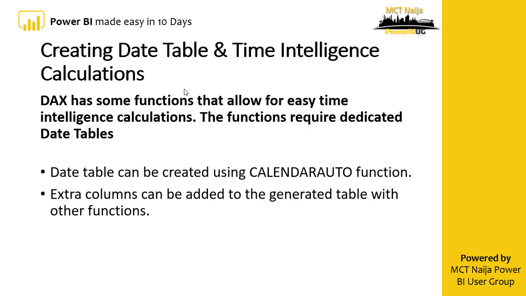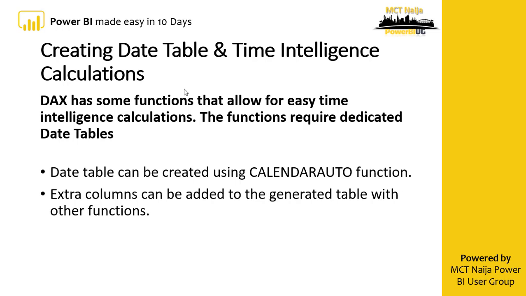These time intelligence functions in DAX will only work well if you have a dedicated calendar table within your model. But remember, how do you get a calendar table separately? We only have a single table now, which is the orders table, but we want to create a separate table for calendar alone.